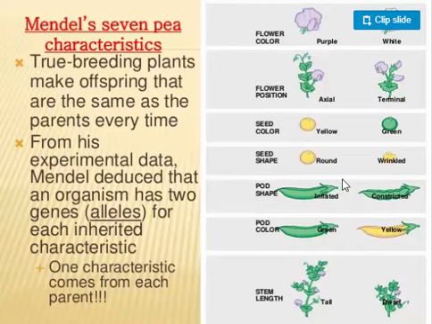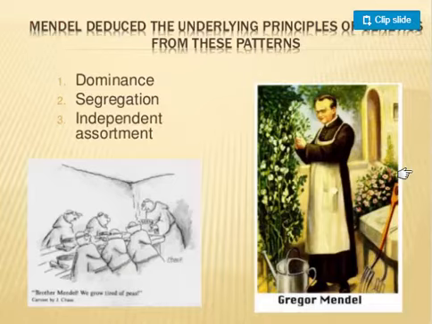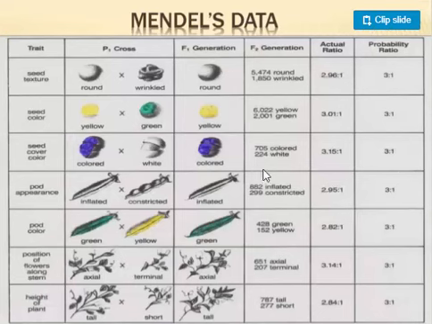He took the offspring of this first generation, which were all purple, but they came from purple and white parents, and then he crossed them once again. What did he get when he crossed them once again? He started getting mixed colors. He got 25% white colors and then 75% purple colors.